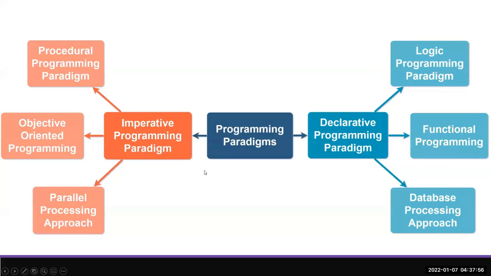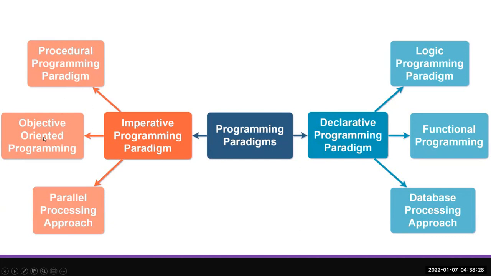Among programming paradigms, we have imperative programming, which uses instruction after instruction. That's one kind of programming paradigm. Here we have the structural programming paradigm, a procedural programming paradigm that has the if-then-else structure and also functions.